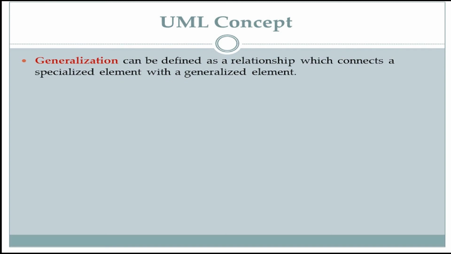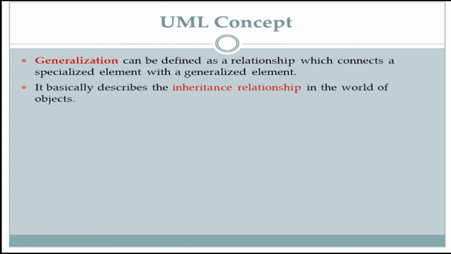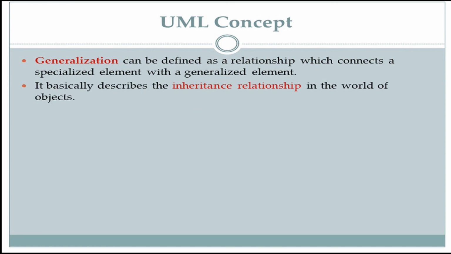Another kind of relationship is generalization. It is defined as a relationship which connects a specialized element with a generalized element. This relationship basically describes the inheritance relationship in the world of objects.